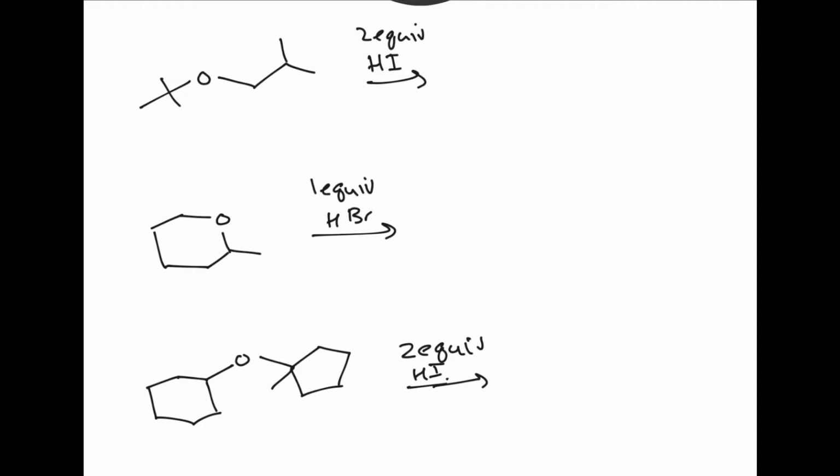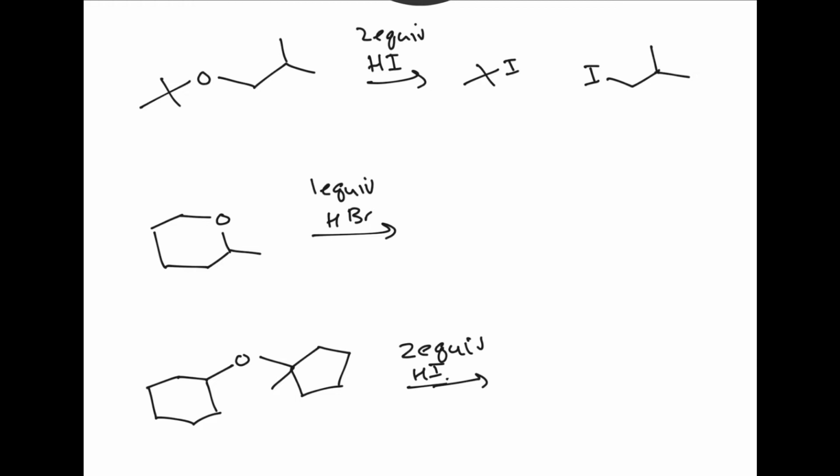All right. So for the first one, both sides end up having iodides on them, right? So if you were just asked for, hey, what's the product? Iodine on each side, and you're done, right?